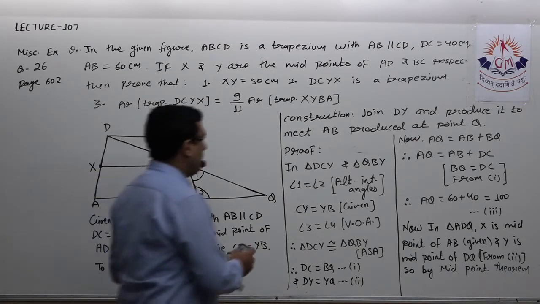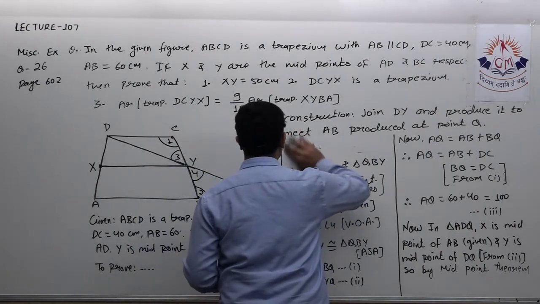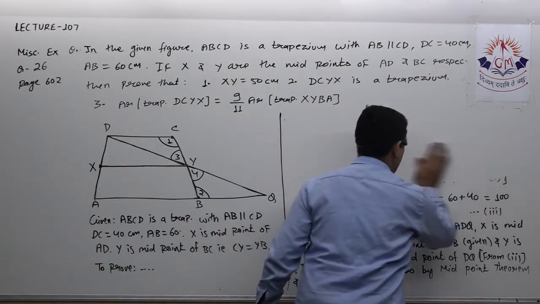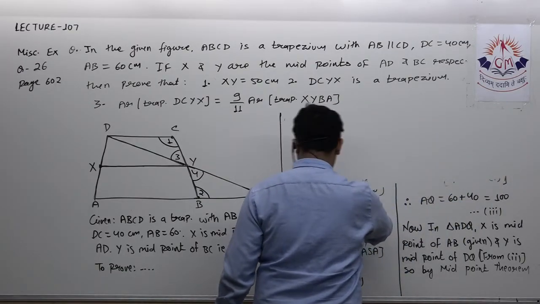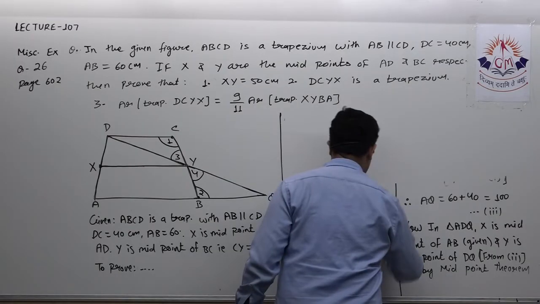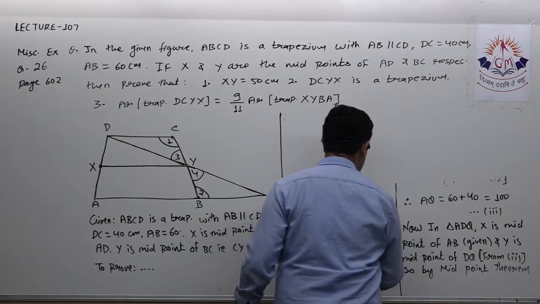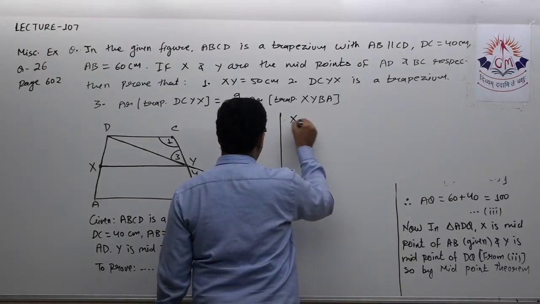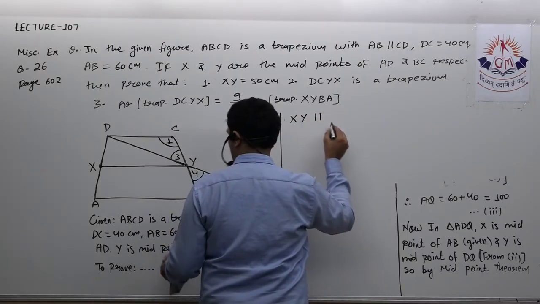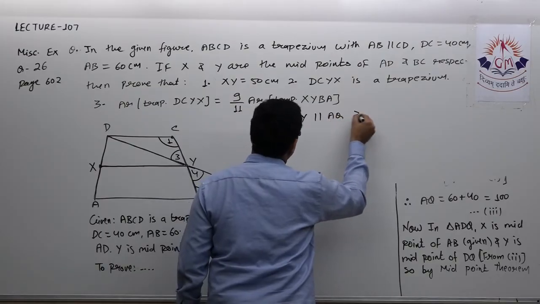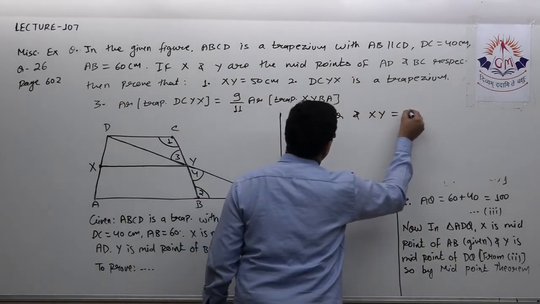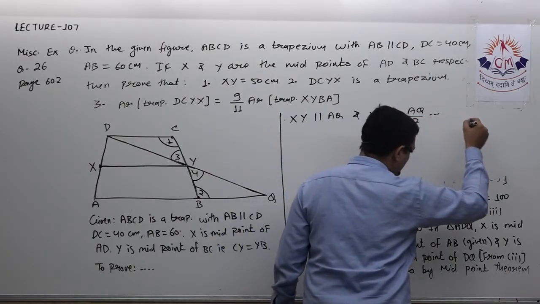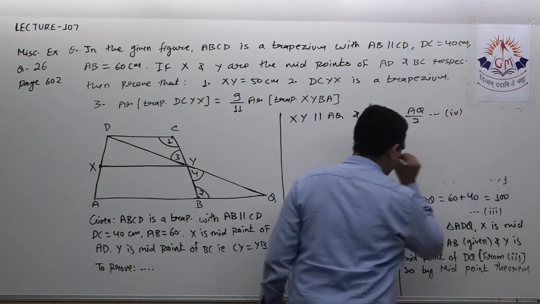Okay, so let us see its solution further. By midpoint theorem, I can say XY is parallel to AQ and XY is equal to AQ by 2. Let it be equation number 4.